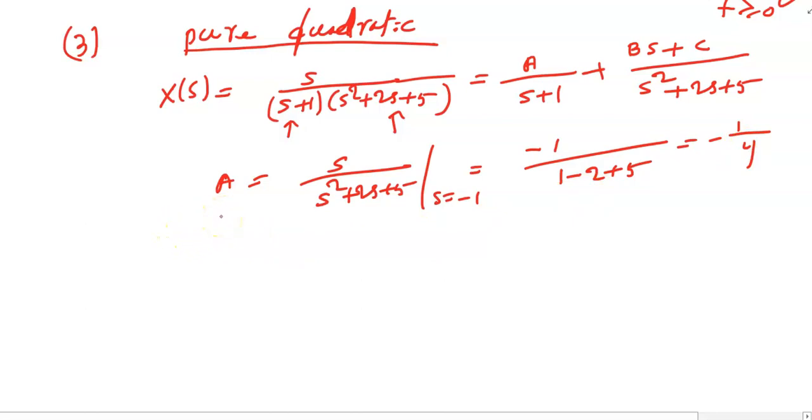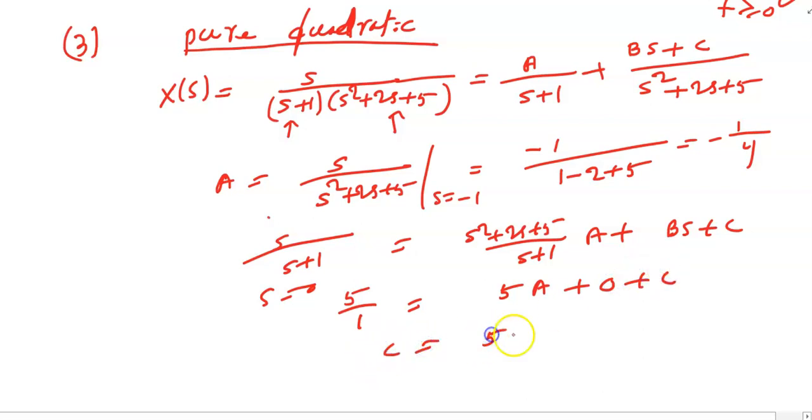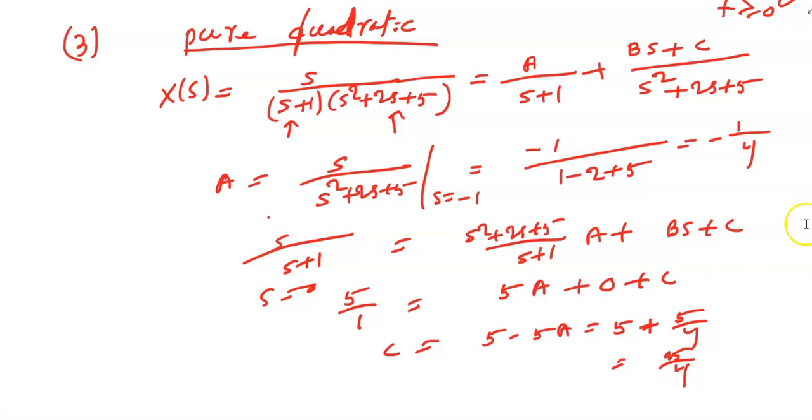Then multiply by s square plus 2s plus 5 on both sides, we have s upon s plus 1 is equal to (s square plus 2s plus 5) upon (s plus 1) times A plus Bs plus C. So if I put s equal to 0 here, we get 5A plus 0 plus C. So there is a mistake, actually the left side is 0.